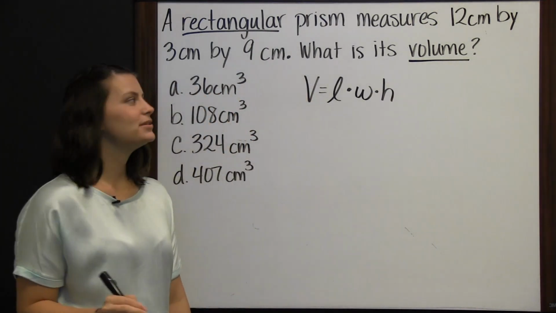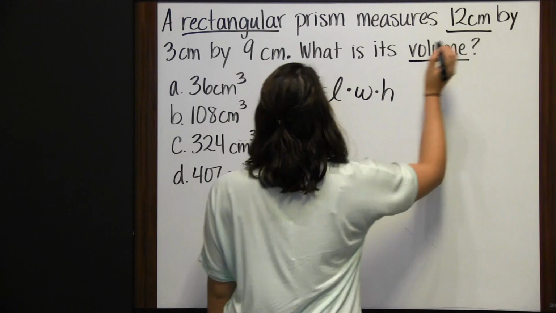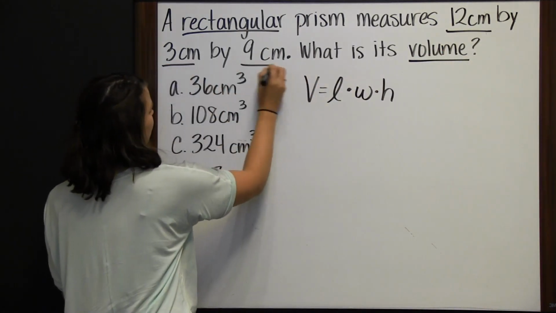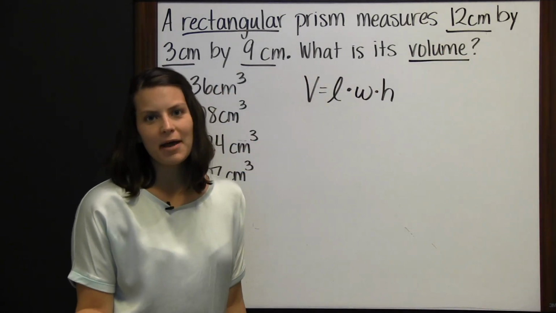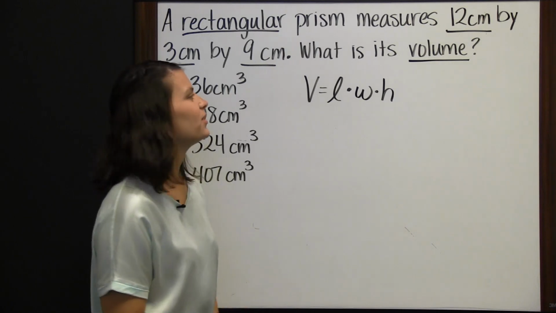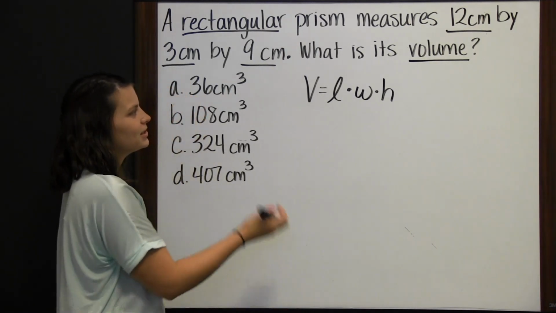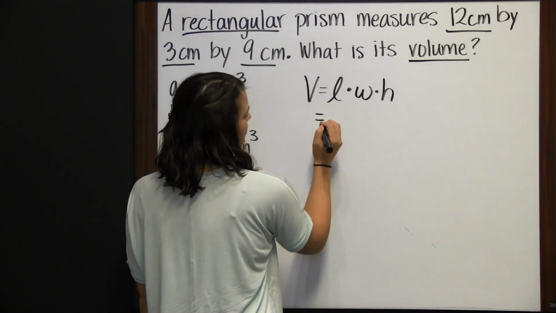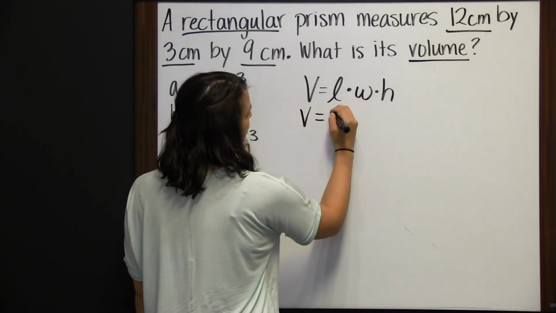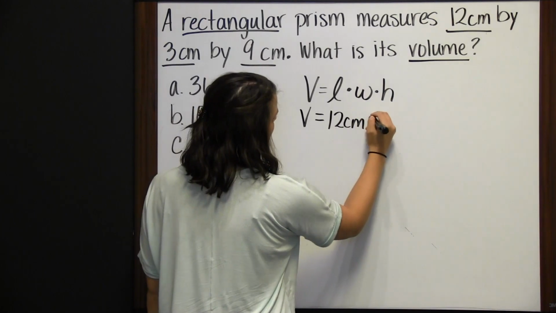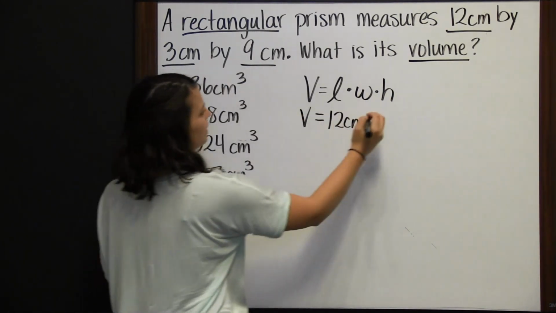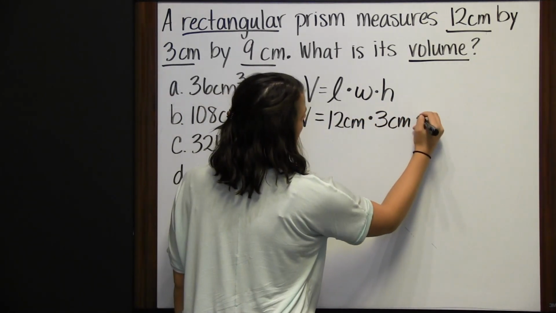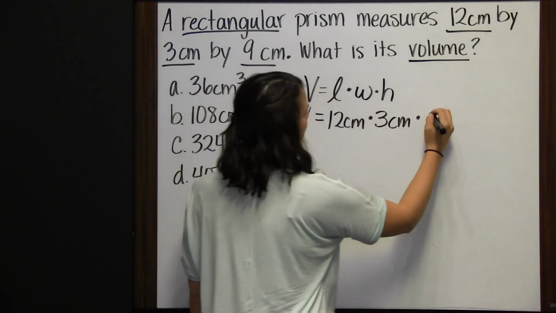And we were given those dimensions: length, width, and height. And really it doesn't matter which one is the length, which one's the width, and which one's the height, since we're just going to multiply those 3 numbers together anyway. So the volume is 12 centimeters times 3 centimeters times 9 centimeters.